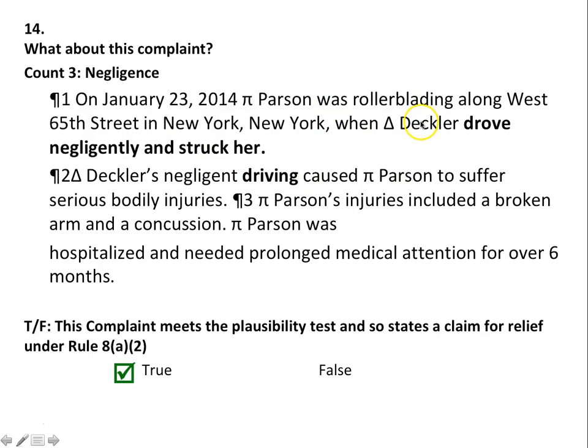And most courts would hold that if you simply allege negligent driving, hitting the plaintiff, telling you exactly where and when she was struck and her injuries, that's going to be enough. It's on the line, but it's likely enough to meet the plausibility test.